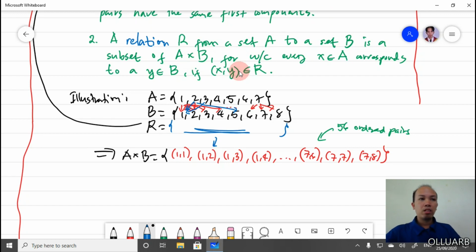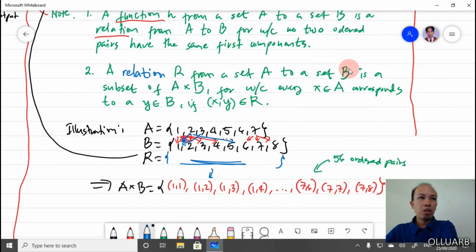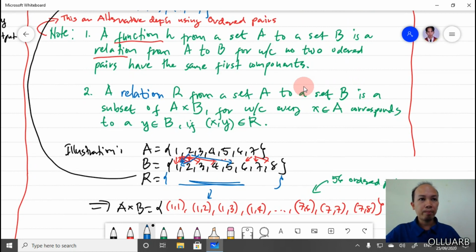Okay, so this is the definition of relation using the set of ordered pairs. The same is true for function, as I discussed in the previous lesson. Let me remind you that every first component of the ordered pairs must be distinct.